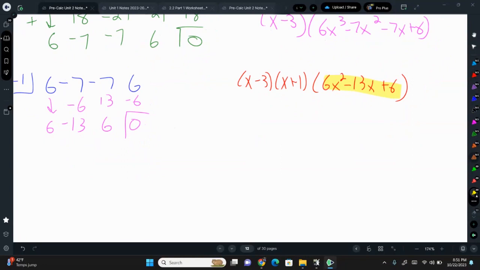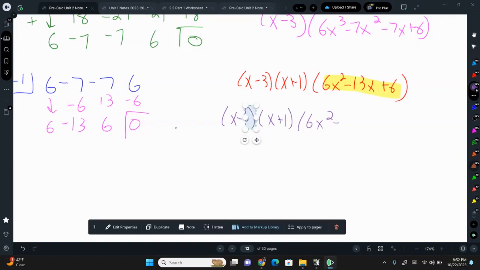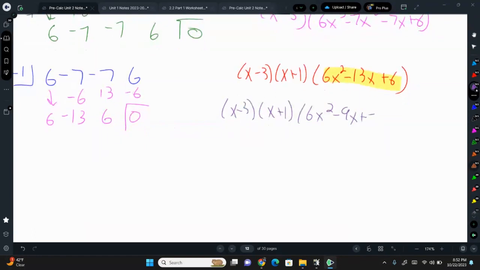You can factor it by guess and check, or you could factor it with grouping, whichever way is easier for you. So x minus 3 times x plus 1, and then 6x squared. We need two numbers that multiply to 36 but add to negative 13. That'd be negative 9 and negative 4.